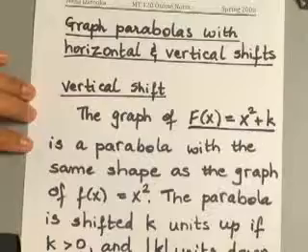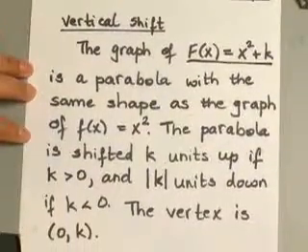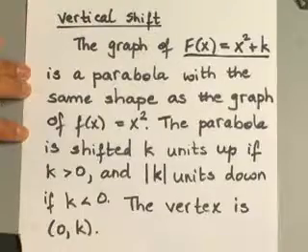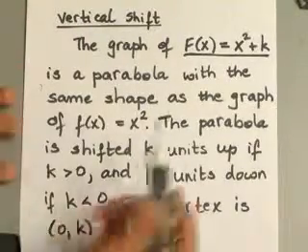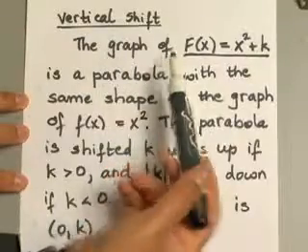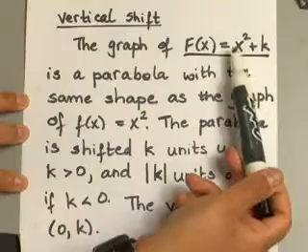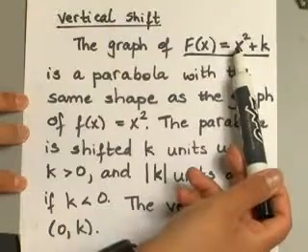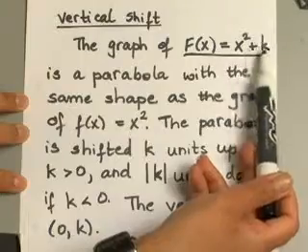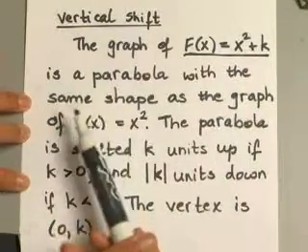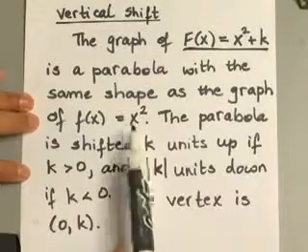So the first thing we want to talk about is the vertical shift of a parabola. So let's see what exactly we mean by that. Now the vertical shift is if you have the graph of f of x equals x squared plus k. So if you take your basic x squared graph and you add a constant k to it, it would still be a parabola with the same shape as the graph of your x squared function.